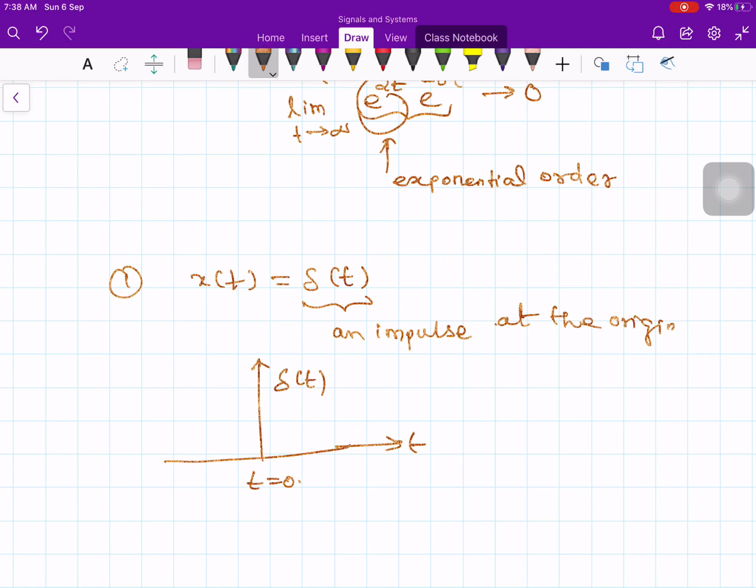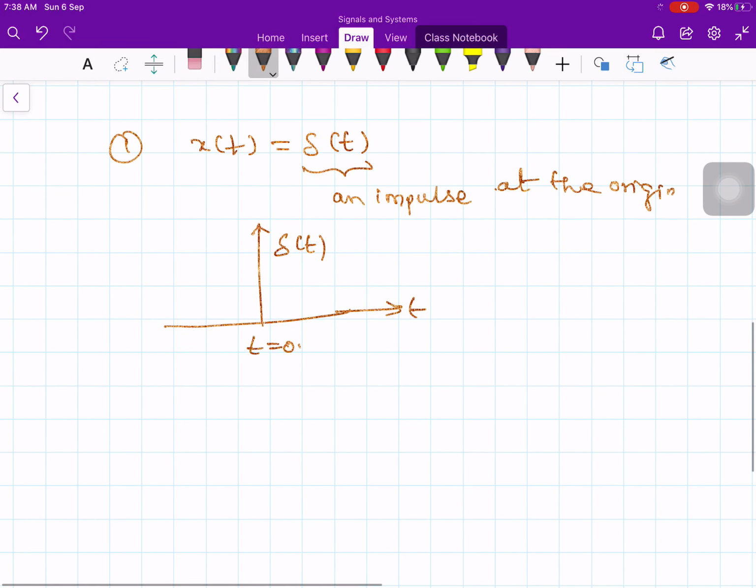Now what is the Laplace transform? The Laplace transform is denoted by capital X of s, equal to the integral with limits 0 to infinity of x of t e to the minus st dt.